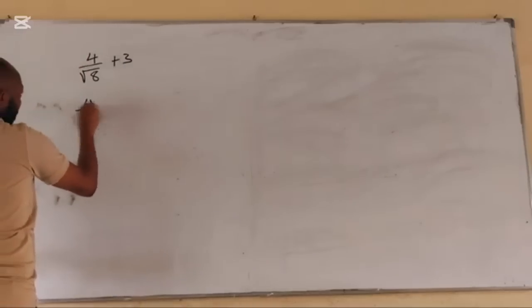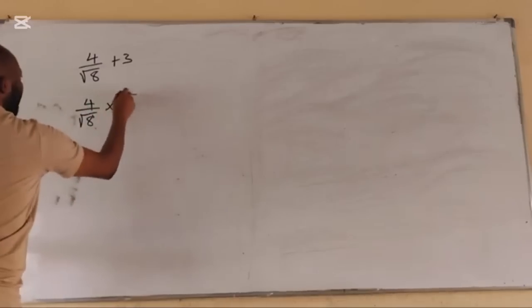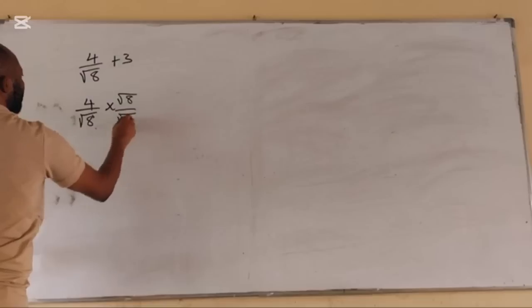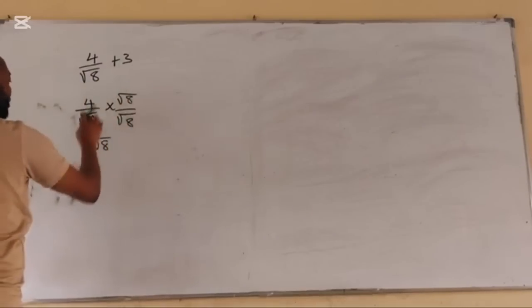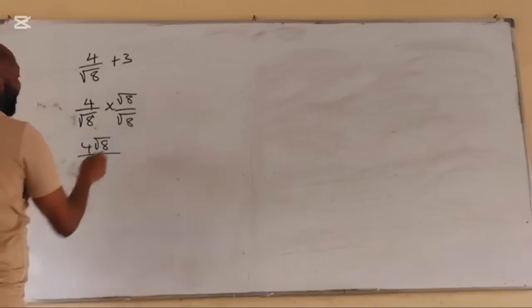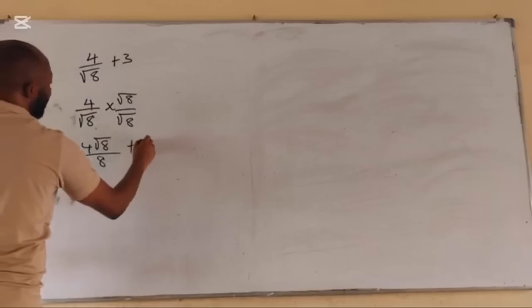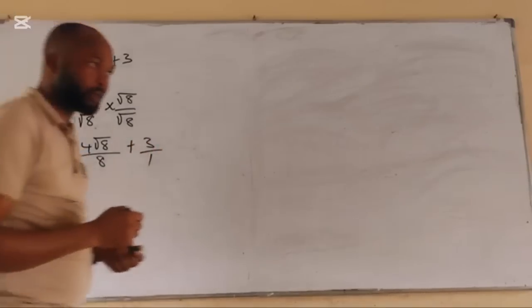This 4 over root 8, I rationalize it by multiplying it by root 8 over root 8. So this is 4 times root 8, which is 4 root 8, over root 8 times root 8, which is 8. By this, I've rationalized it, plus 3 over 1. So we now apply fractions.